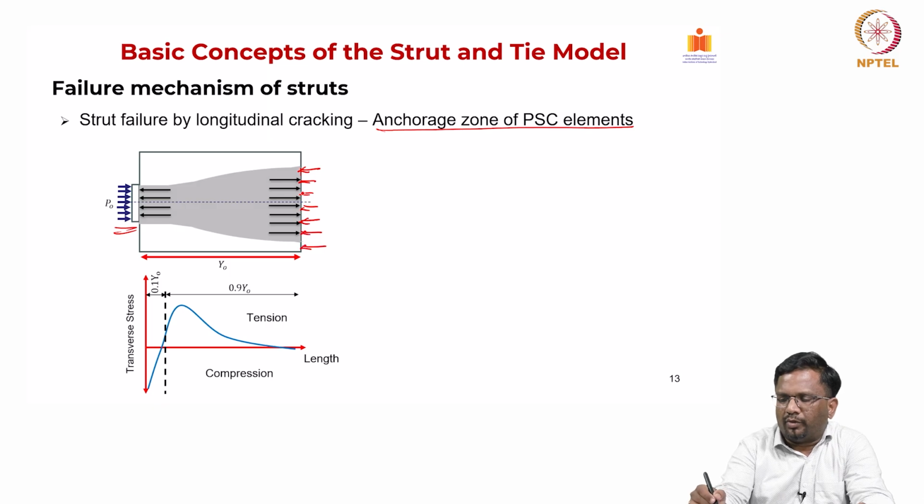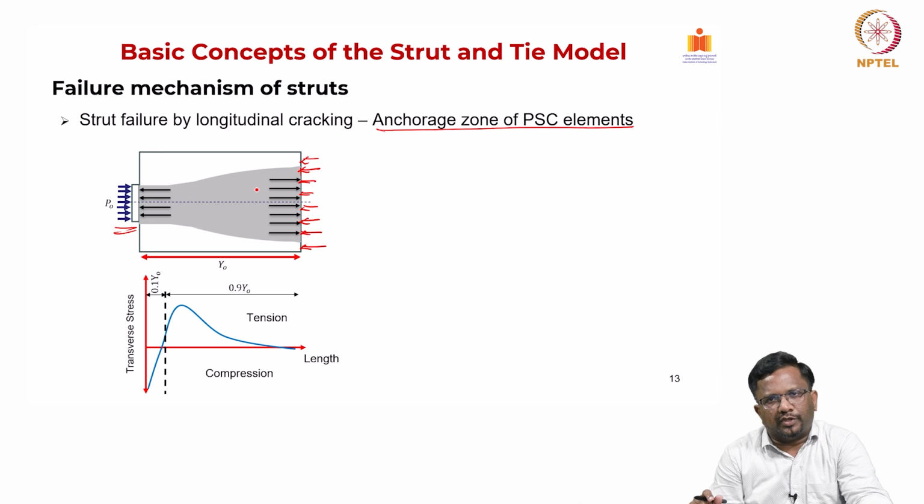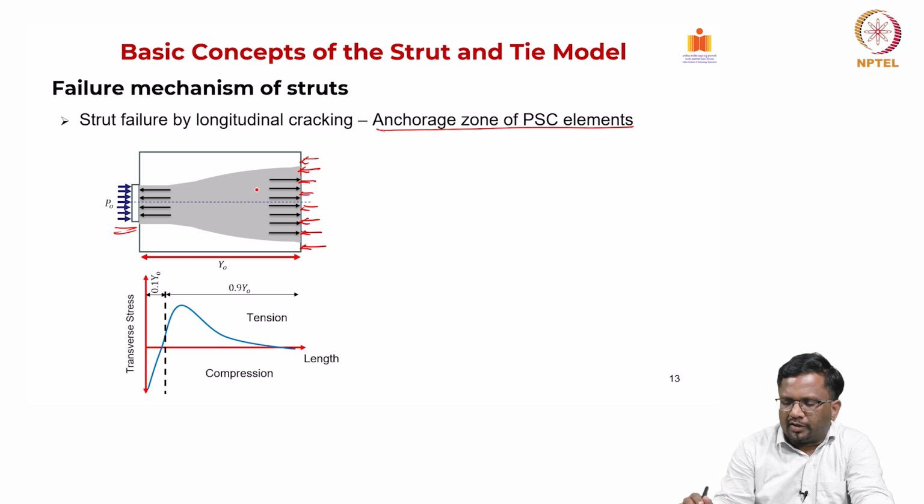We are going to design this like a deep beam, that is what we saw in the previous lectures. And the transverse tensile stresses, we have seen, will develop after 0.1 y0, and this is the region where high transverse tensile stresses will develop, right.